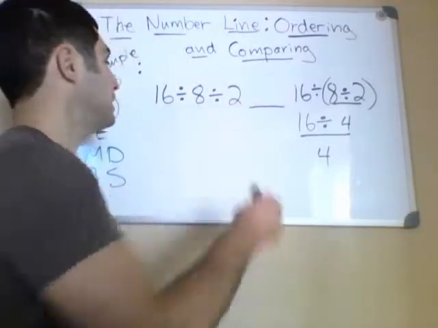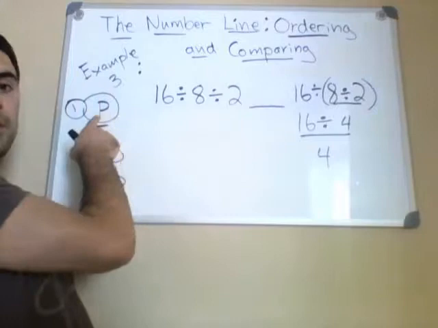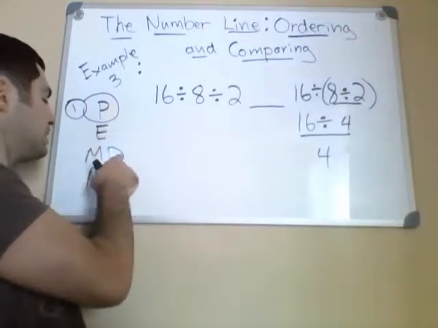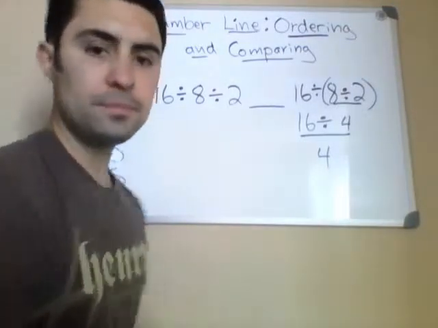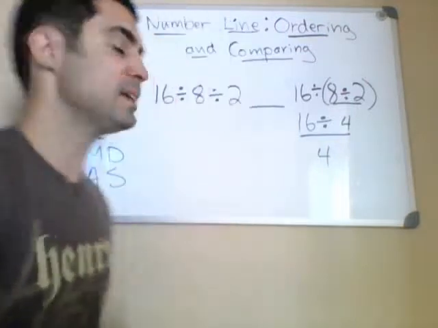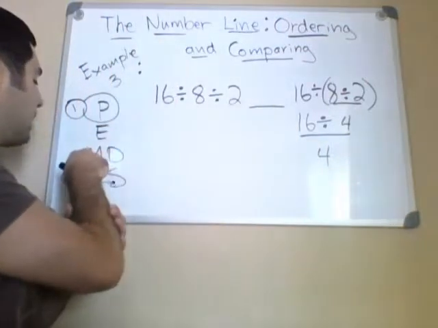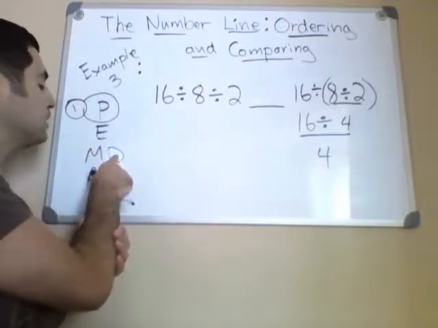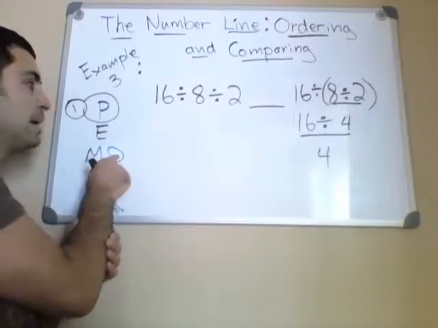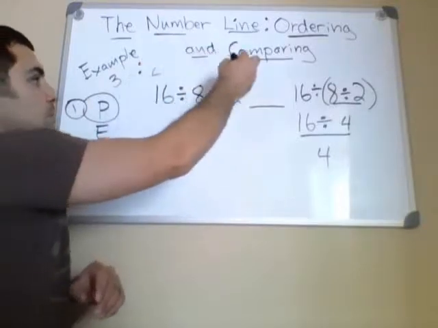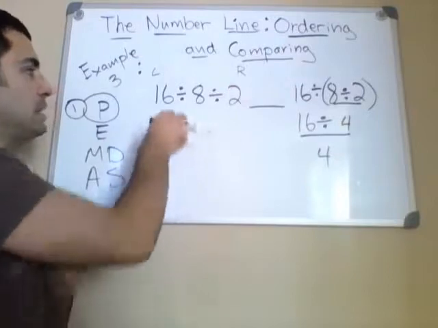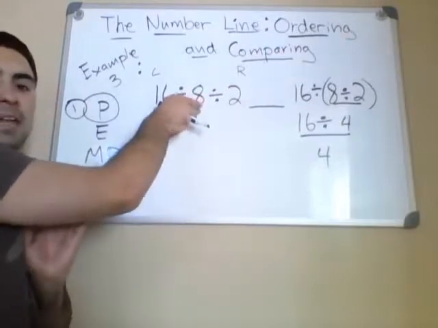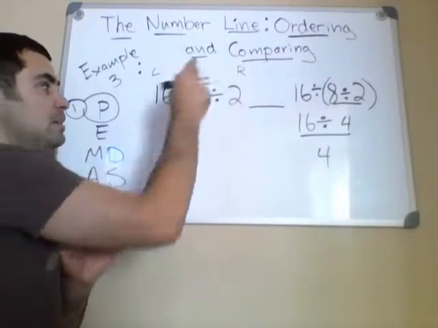Alright, let's do this now. 16 divided by 8. This time, order of operations, please excuse my dear Aunt Sally. You're going to multiply and divide from left to right, which means you're going to do 16 divided by 8 because that's on the left-hand side and 8 divided by 2 is on the right.